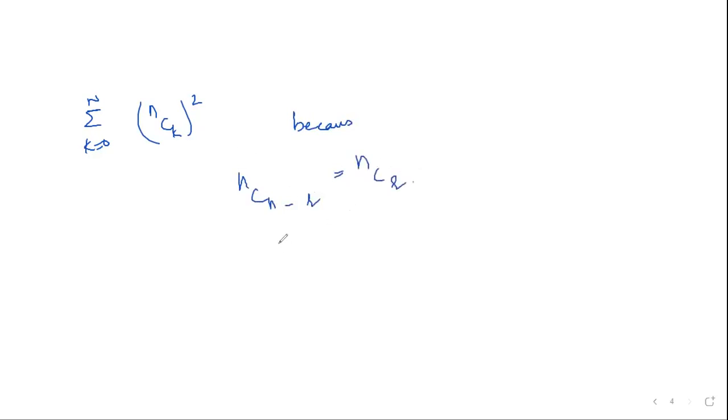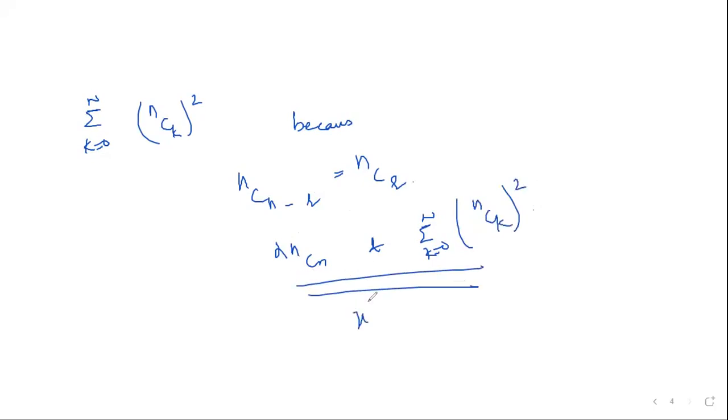Both 2nCn and the sum of nCk whole square represent the coefficient of x power n in our (1 plus x) whole power 2n. Okay. So that is the reason these two are equal.